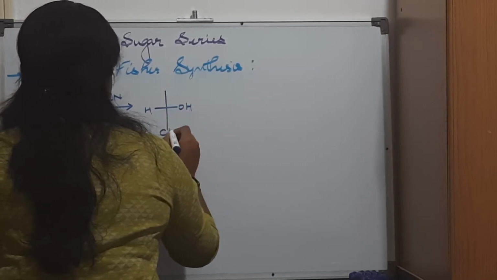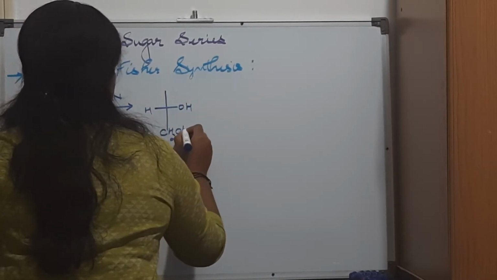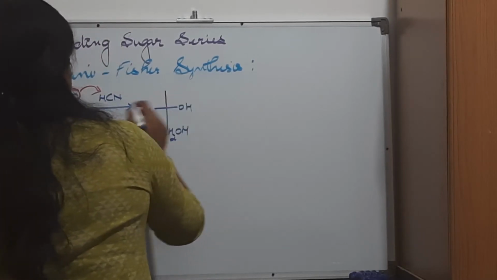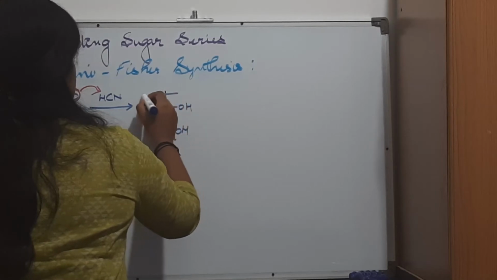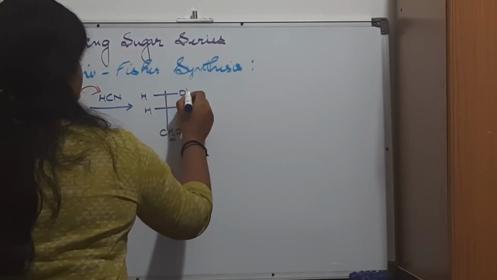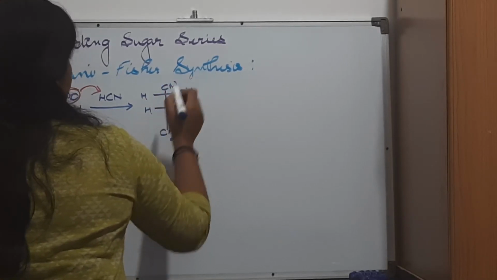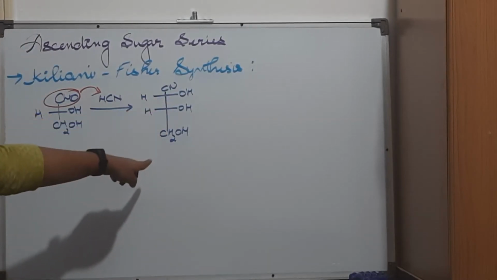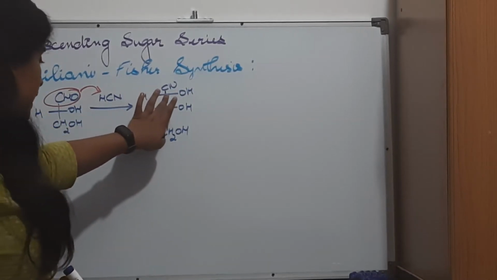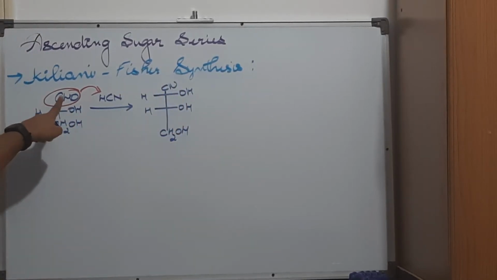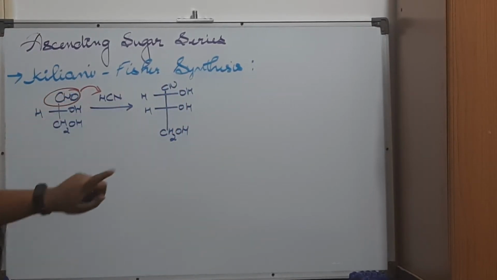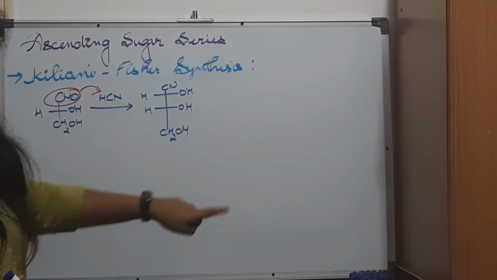H OH, CH2OH, then the CHO will change to CHOH with a CN. Cyanohydrin is formed. This extra CHOH and CN is what is formed when the CHO reacts with HCN. The remaining bottom portion is there as such.